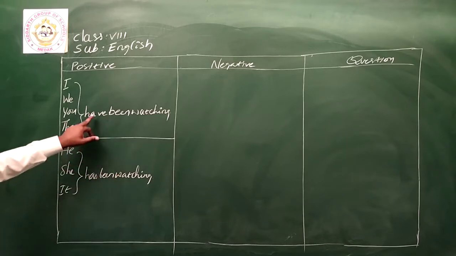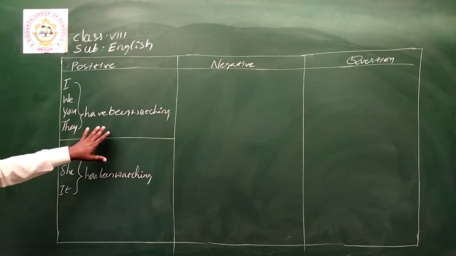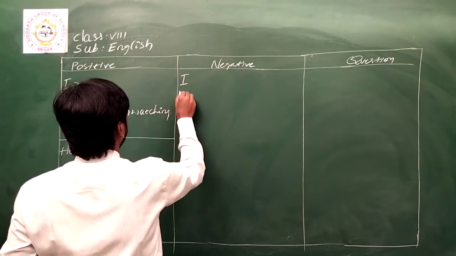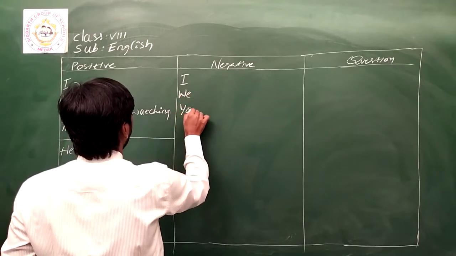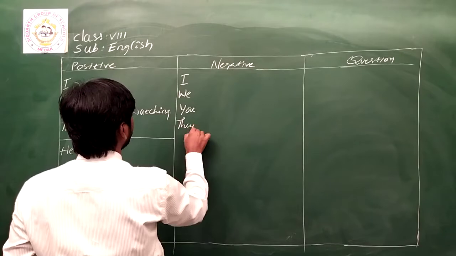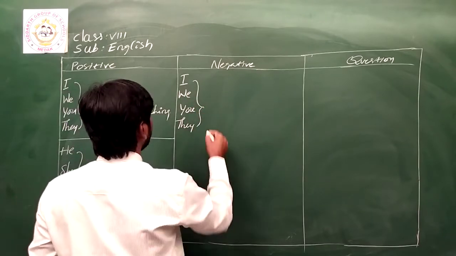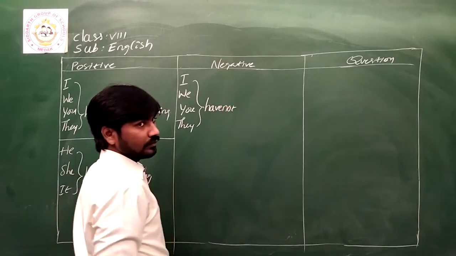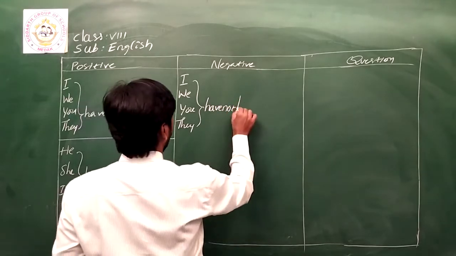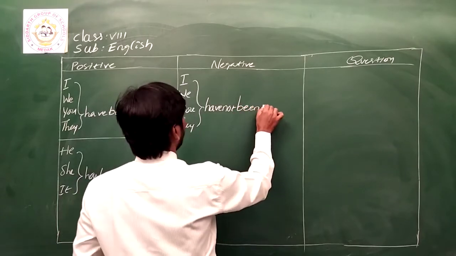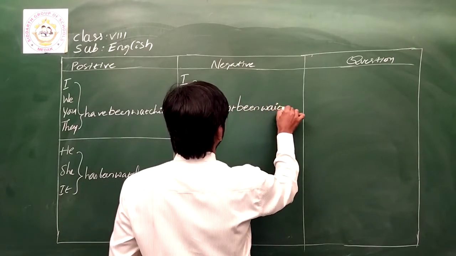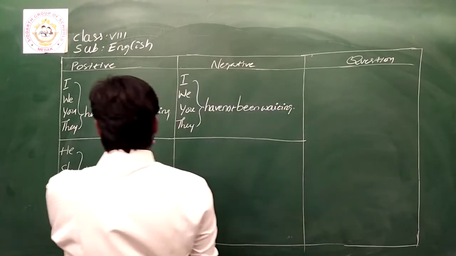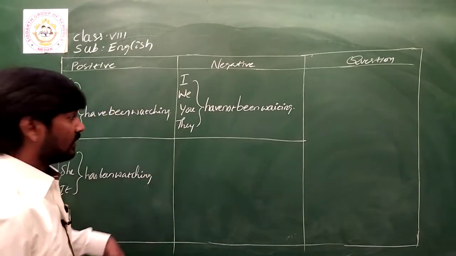Anywhere you have to use an auxiliary verb, you put not after it. So the same: I, we, you, and they have not, or you can use haven't. I have not been waiting. Okay, I will explain later. First, let me write.